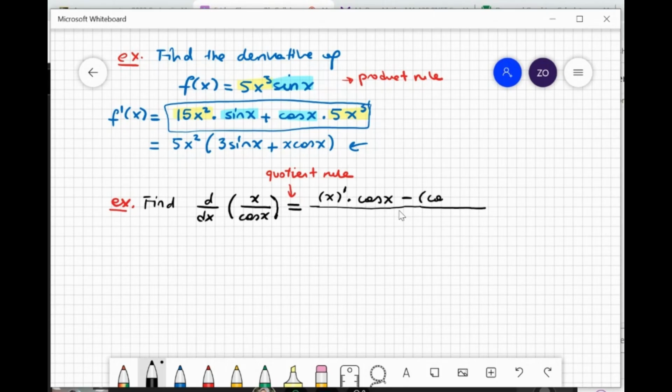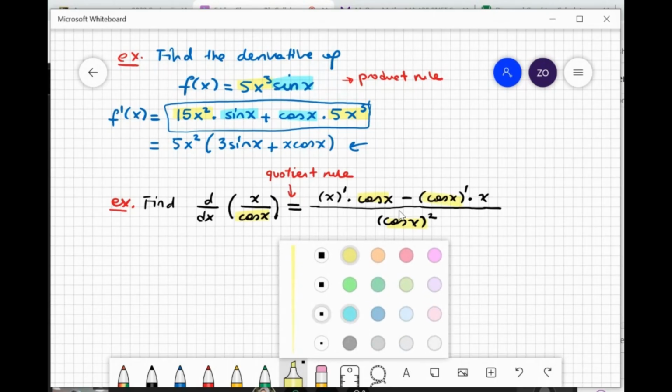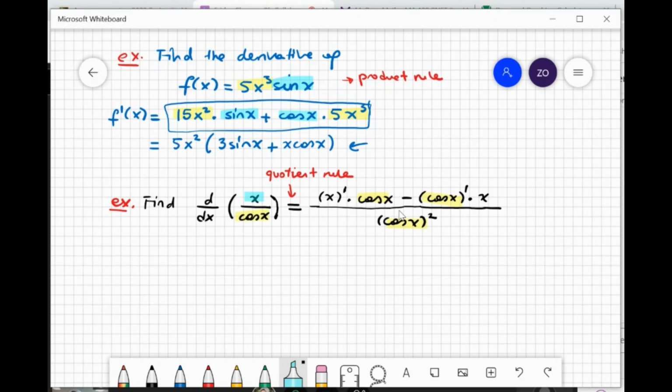Derivative of the denominator times the numerator, divided by cosine x squared, right? Divided by the square of the denominator. Okay, so this is where the denominator appears. This is where the numerator appears.